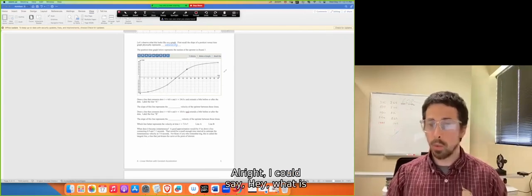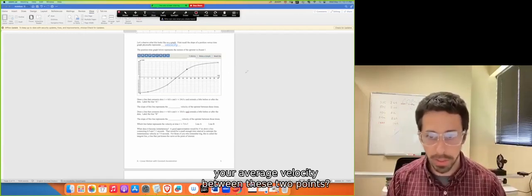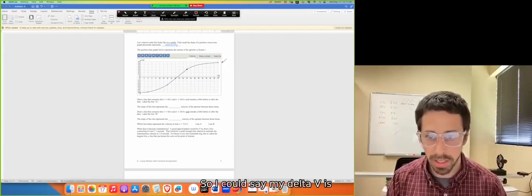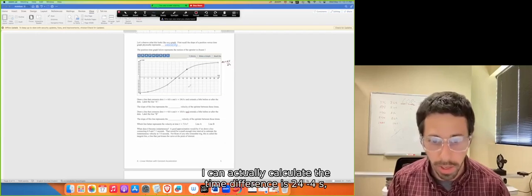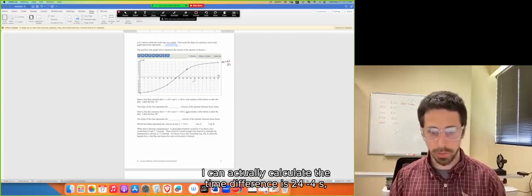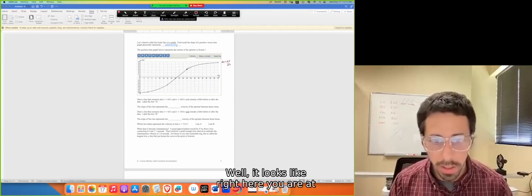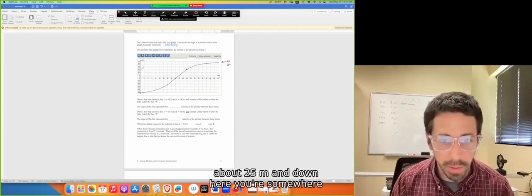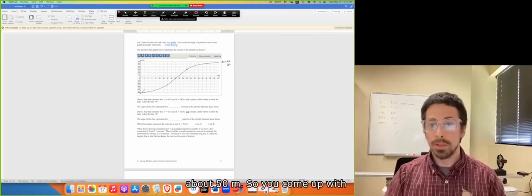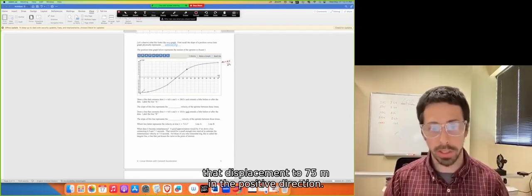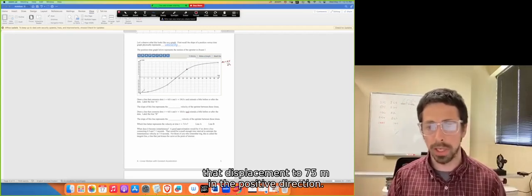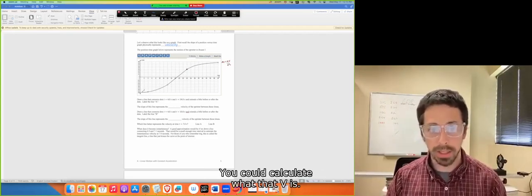I could say, what is your average velocity between these 2 points? I could say my delta v is equal to delta x over delta t. The time difference is 24 minus 4 seconds, 20 seconds. Your delta x, well, it looks like right here you are at about 25 meters, and down here you're somewhere about 50 meters. So you come up with that displacement of 75 meters in the positive direction. You could calculate what that v is.